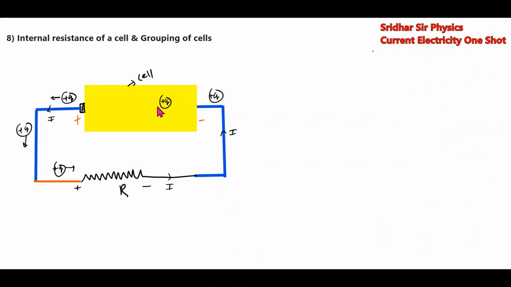Because of the electrostatic force that is generated by the cell, so the electrostatic force will be acting like this. Then this charge will encounter collisions, and because of this it will experience a resistive force from the material.